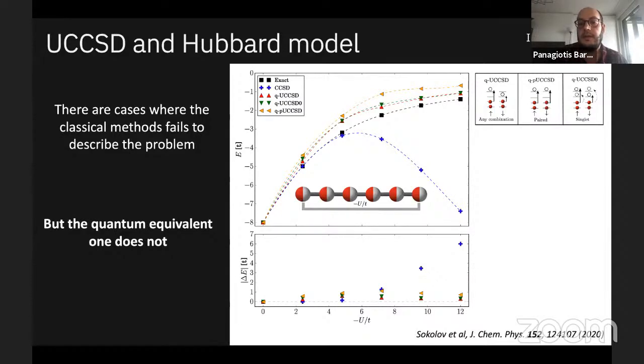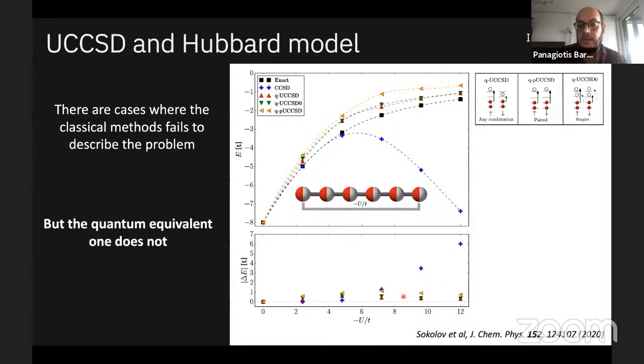And we showed that the classical method fails to describe a 6-site periodic Hubbard model, as you can see in the blue crosses here. Whereas, when we're using the unitary coupled cluster singles and doubles, which is the red line, and the different variations of the unitary coupled cluster where we truncate the number of excitations, we're able to describe much better the ground state along the U over T profile.